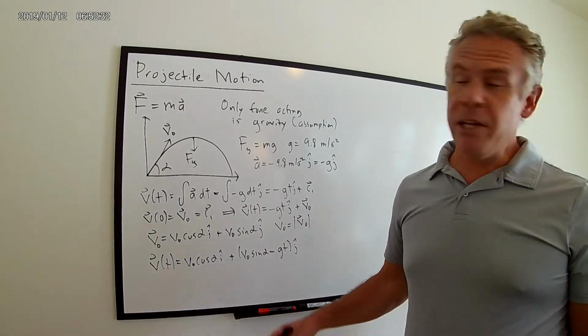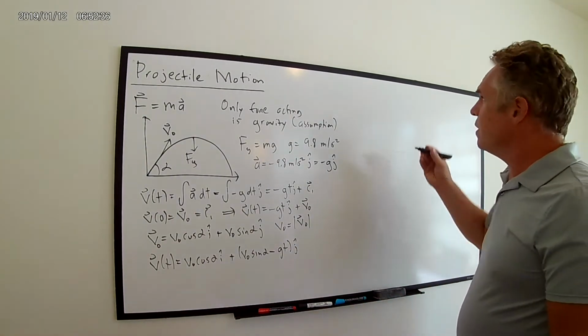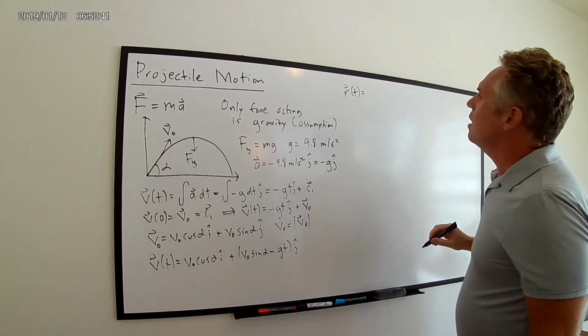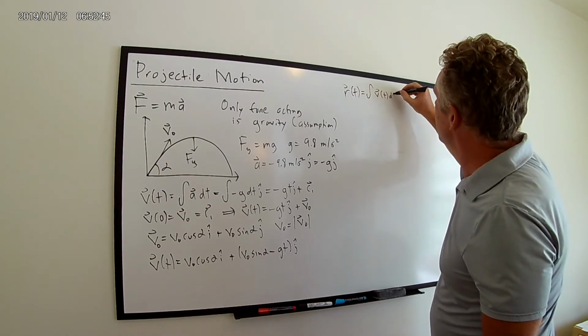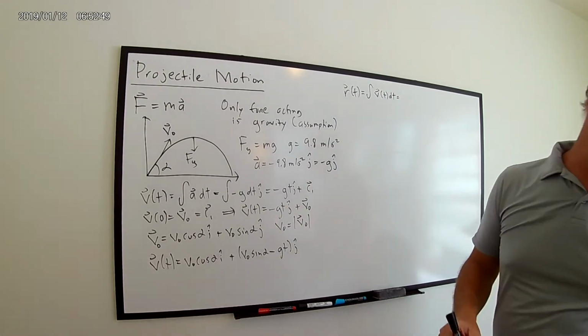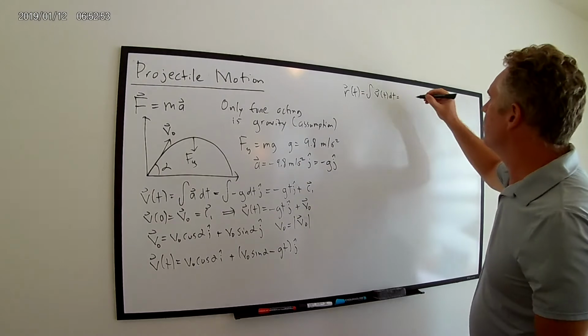Let's also find the position as a function of time. So we know that r of t is equal to the integral of v of t dt. So we're going to take an integral of this function here.